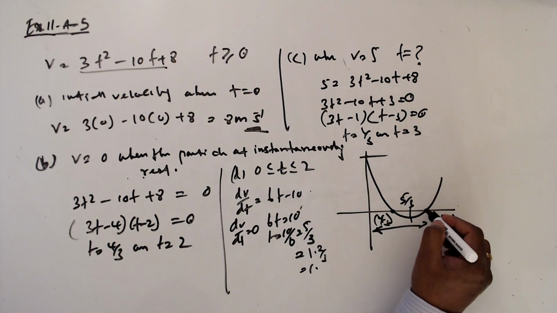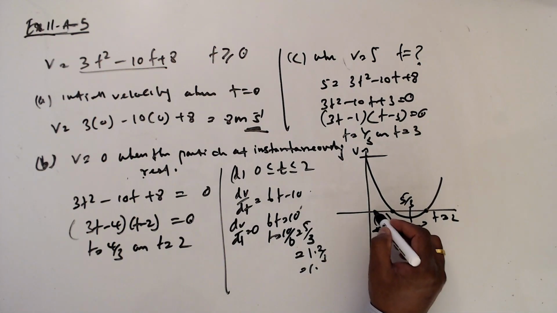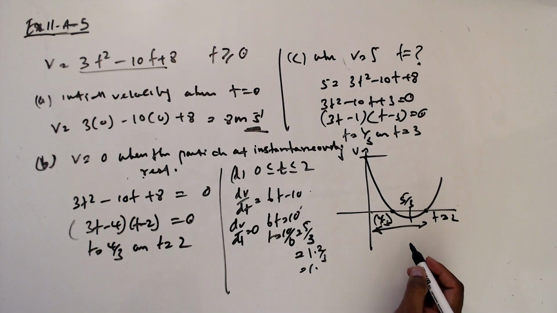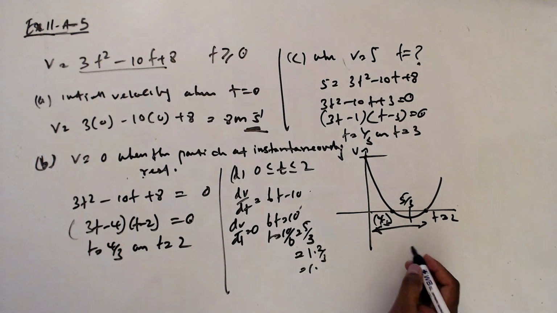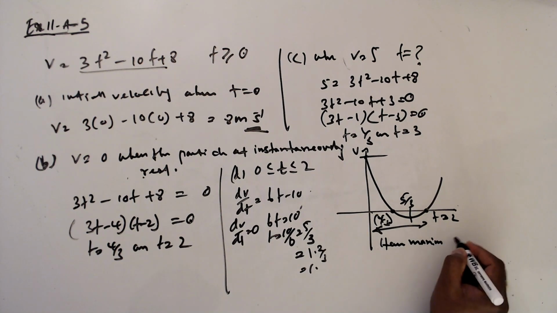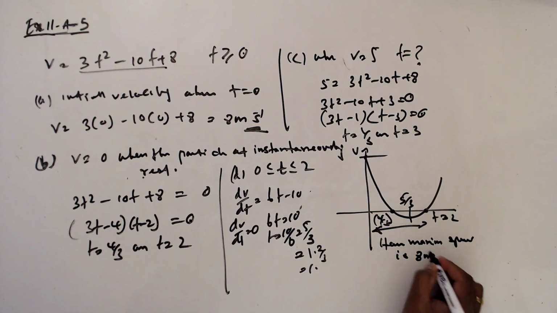We can see that the maximum speed is here, the 8 when t equals 0. Hence the maximum speed is 8 m/s.